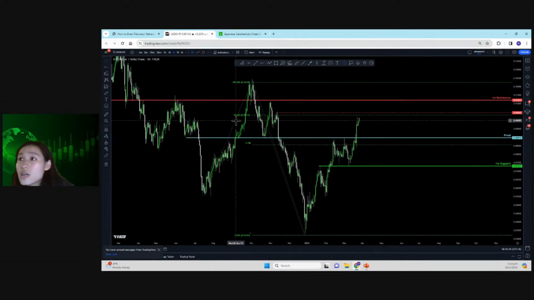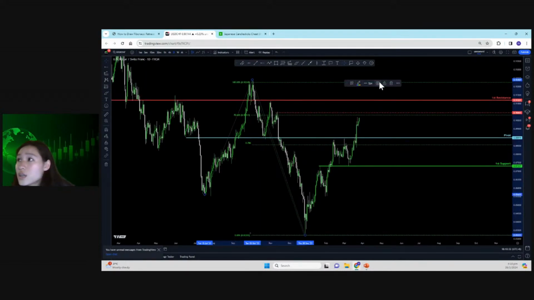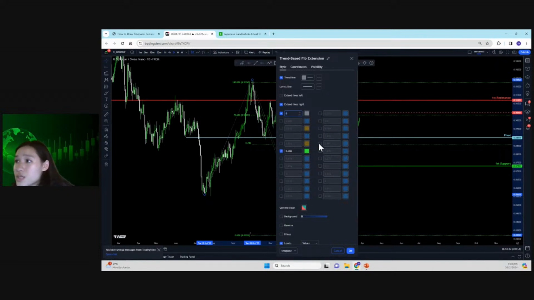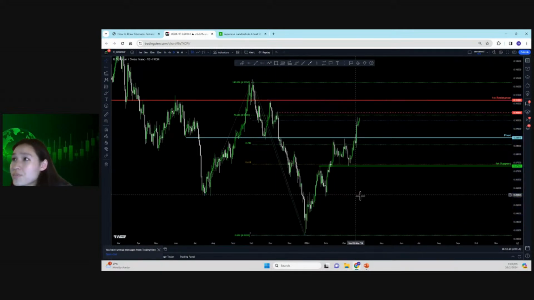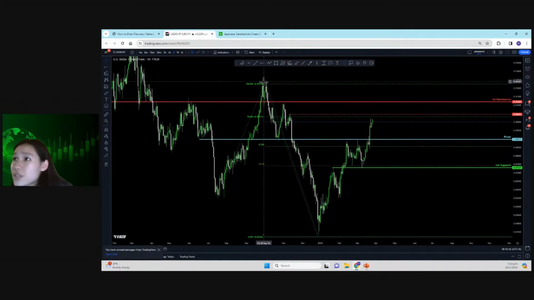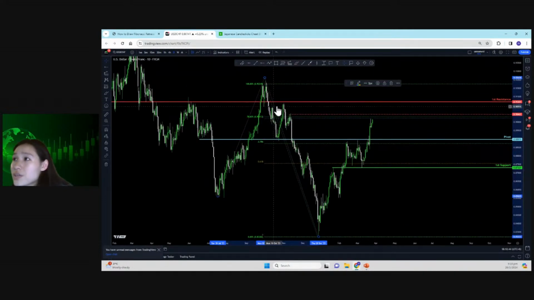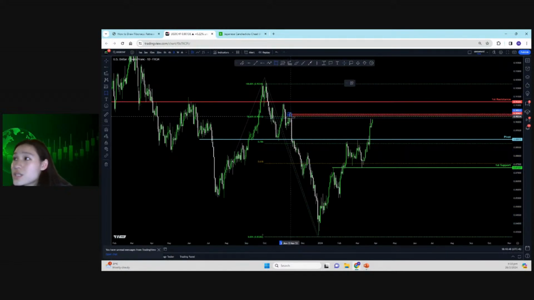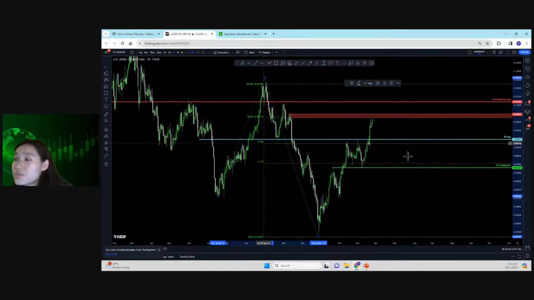Over here, we are using 3 levels: 61.8, 78.6, and the 100%. You can see my 100% lines up with my intermediate resistance, as well as the 78.6. So it makes it a confluence area.